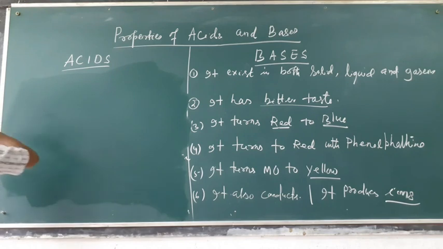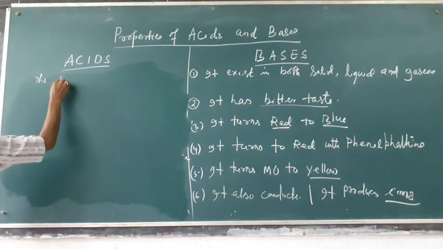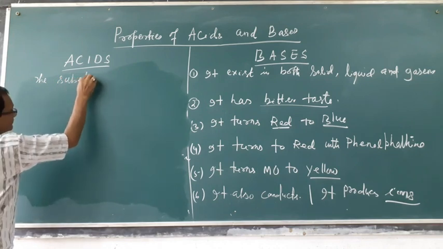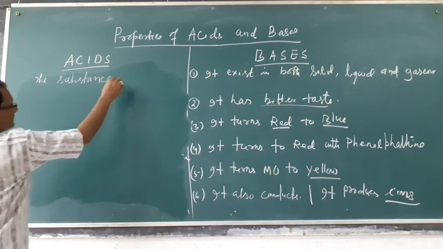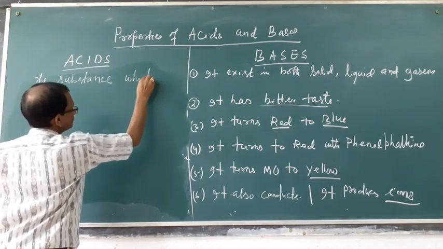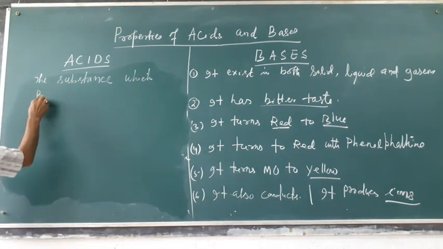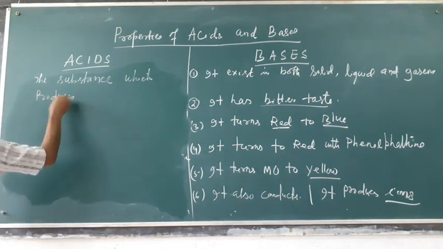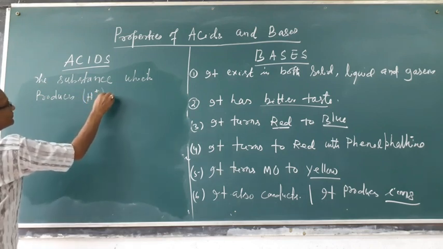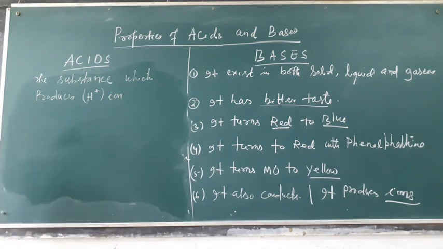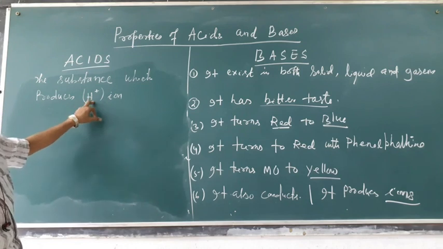Acids are generally defined as the substance which produces H plus ion. What is the meaning of H plus ion? H carrying plus charge, that means it is a positive charge.